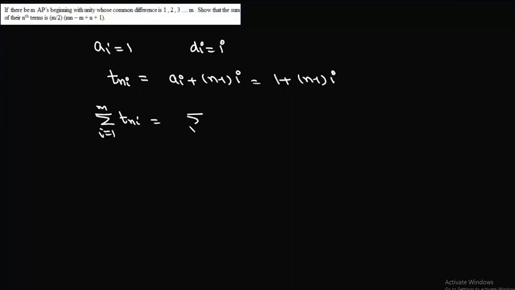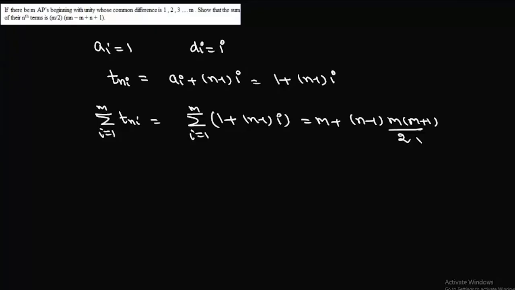Now it will be this summation, i varies from 1 to m, 1 plus (n minus 1) into i. Now summation 1 is m, and this is (n minus 1), and summation i is m into (m plus 1) by 2. Now what we'll do is, we'll take m by 2 common.